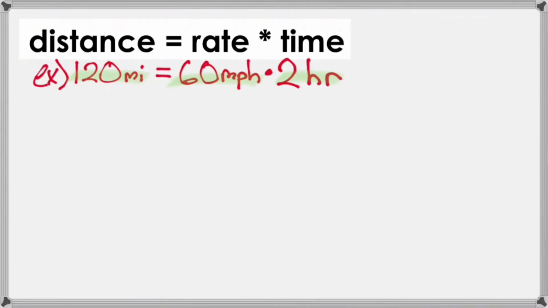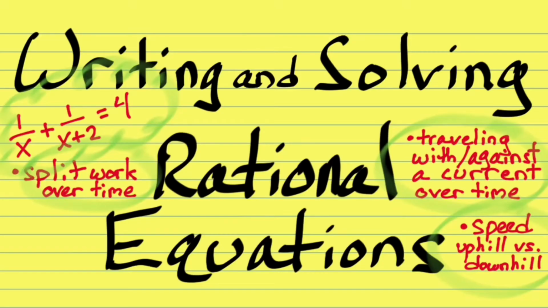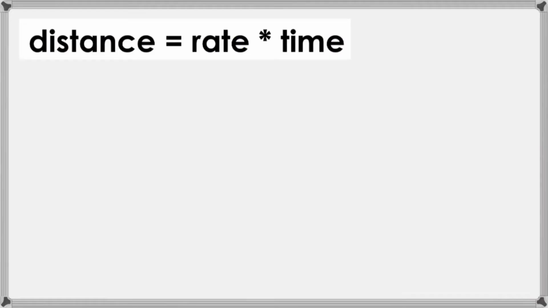But what you're going to relate this to is rational functions, where you have a denominator. And a big thing to notice from this first slide is that time is the common thing that you are basically solving for in many of these problems.